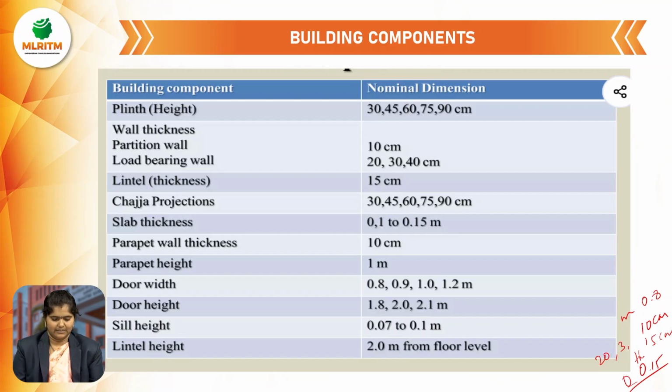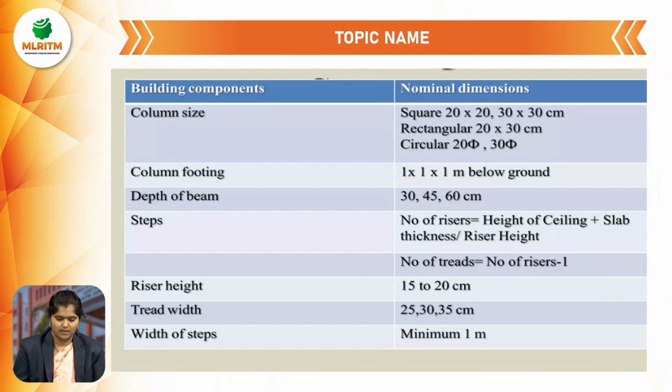Lintel height 2 meters from the floor level. So 2 meters from the floor level means here this is the ground level, this is the floor. 2 meters from ground level, lintel, it is called lintel. And next, column size.